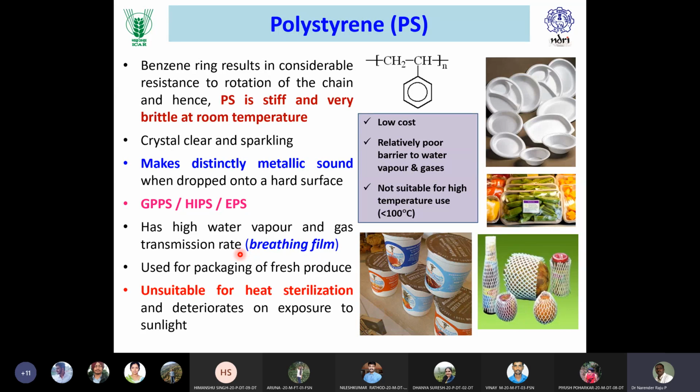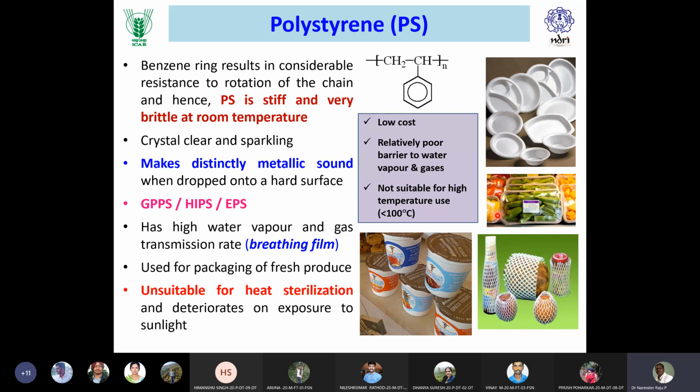So it can be considered a low cost material which allows water vapor and gases to permeate, which is required in the packaging of fruits and vegetables, especially in modified atmosphere packaging of fruits and vegetables, which respire continuously.